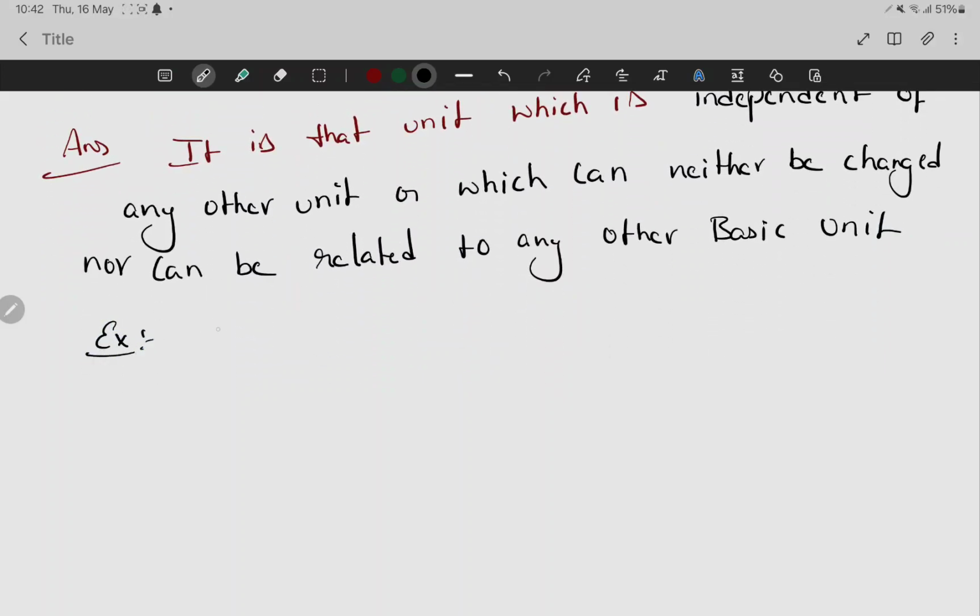Example, unit of mass, length, and time.